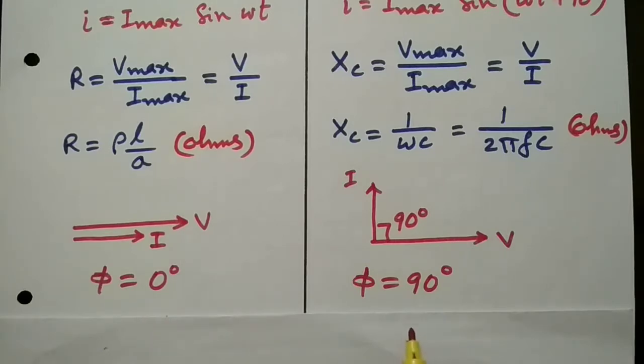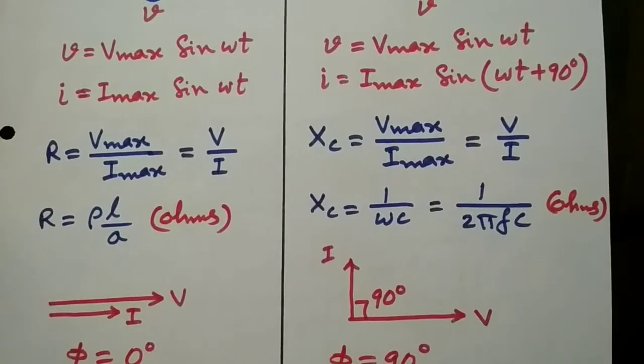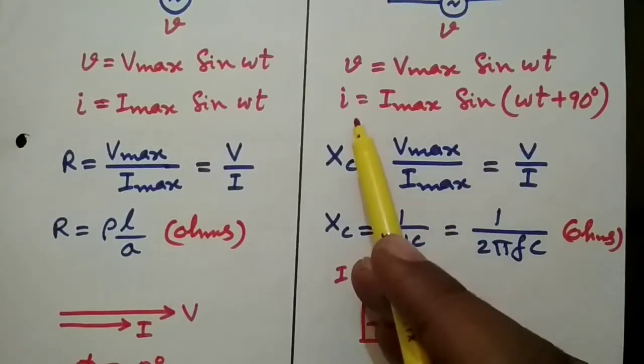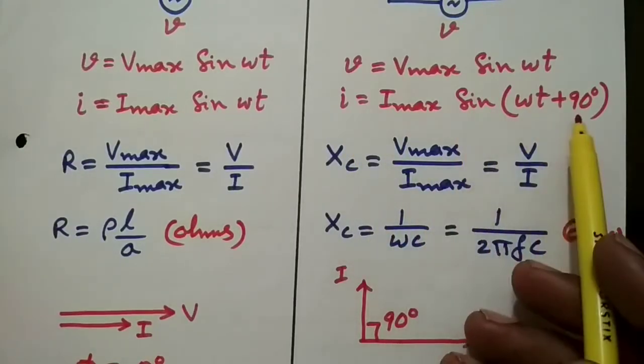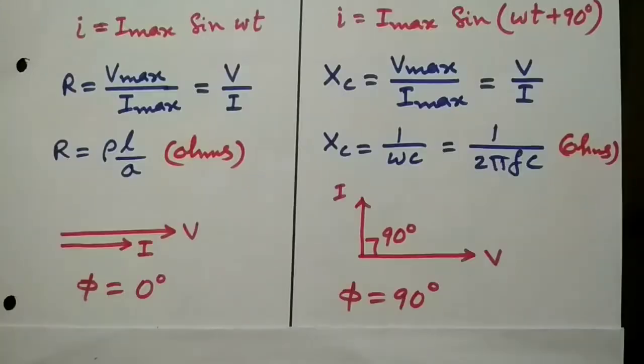On the other hand, the current in a purely capacitive circuit is leading the voltage by 90 degrees. That we have mentioned in the instantaneous values also: current is Imax sin(omega t plus 90 degrees). Therefore, the current here will lead the voltage by 90 degrees, so the phase difference between voltage and current is 90 degrees.